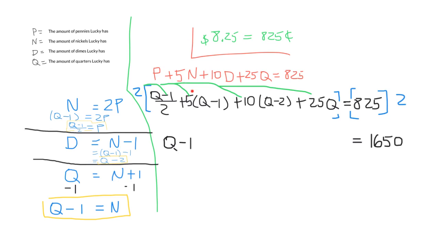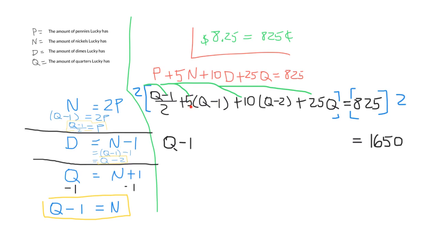When the 2 distributes here, you want to be careful. 2 only multiplies to that 5. You have to be super careful. You don't want to go 2 times 5 and that thing. You pick one of these two numbers. You have two numbers. You have 5 and you have Q minus 1. Q minus 1 is just a number. It's a quantity. You just pick one of those two to multiply 2 to.